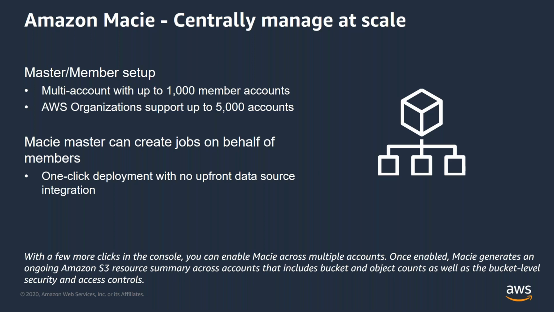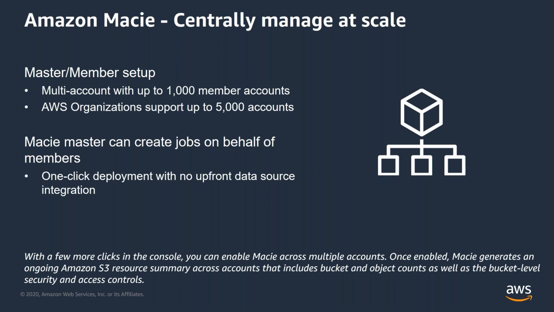Using AWS Organizations, customers can leverage the Macie master architecture and create jobs on behalf of their members. A typical use case would be where customers or organizations have centralized data governance and data policy teams or offices, they can then be the Macie master and apply some of these policies in the form of inspection jobs and report these findings to the respective teams.